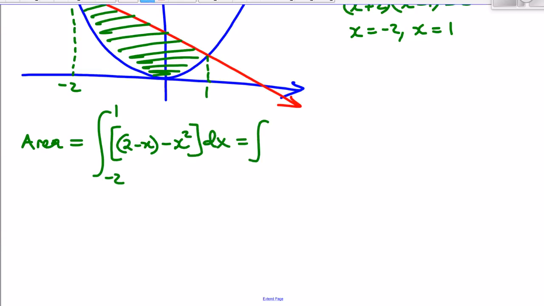That will be the integral from negative 2 to 1 of 2 minus x minus x squared.